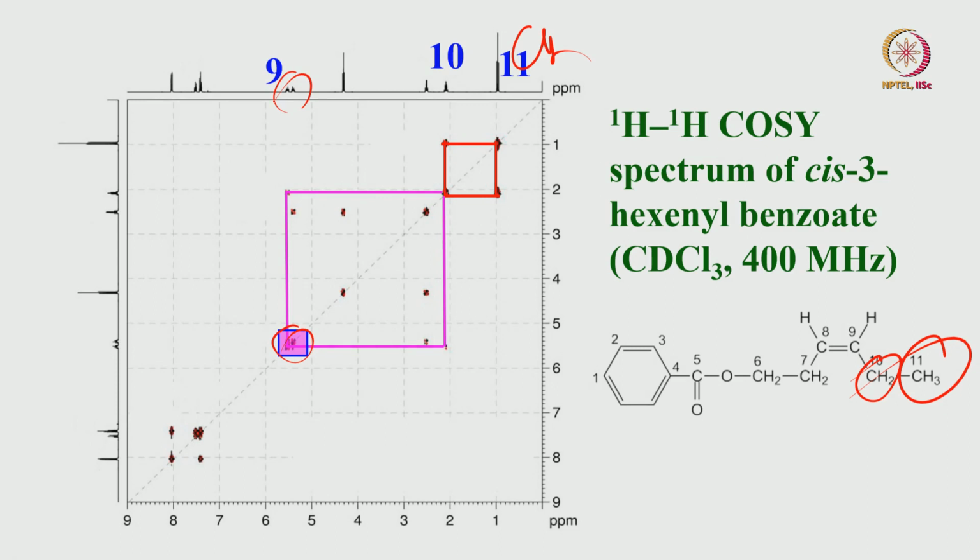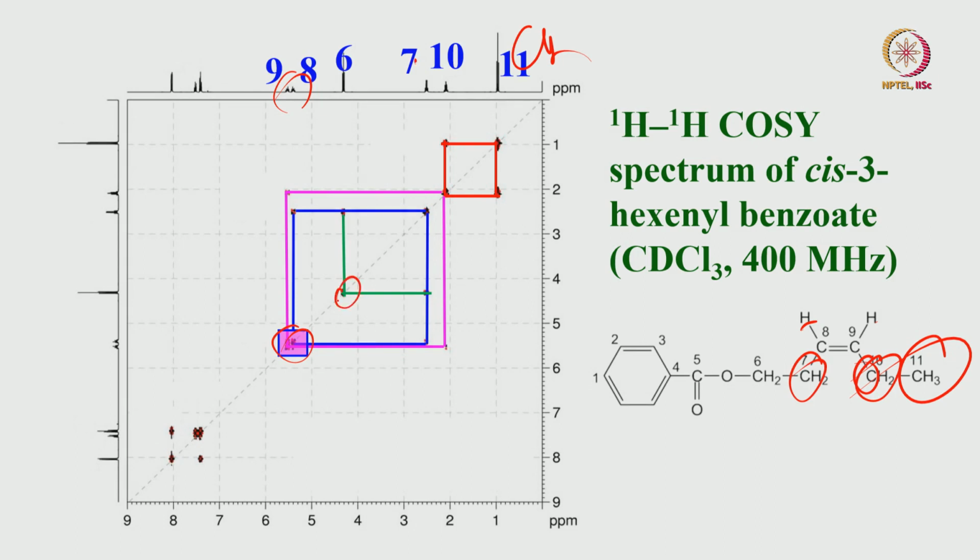Proton 9 also gives cross peaks to these, so that could be proton 8. From proton 8 you have cross peaks to 2 things: one to 10, and also one to 7. From proton 8 go here, complete this square, and this is 7.